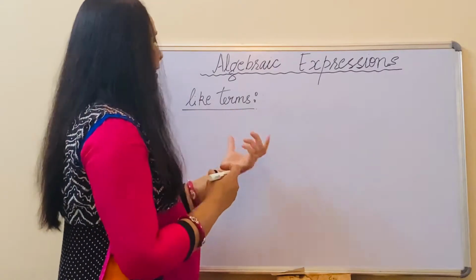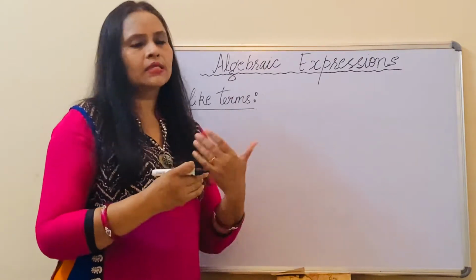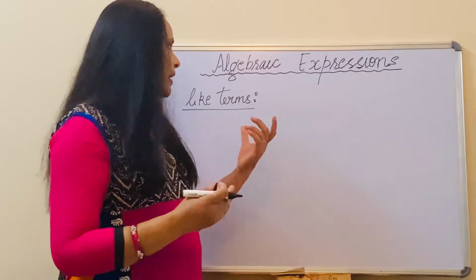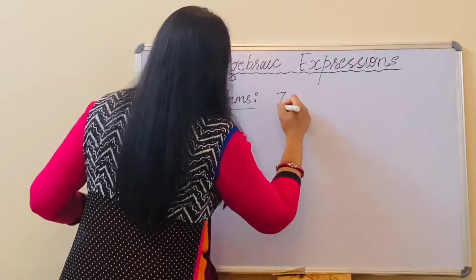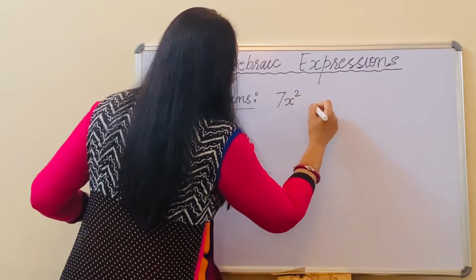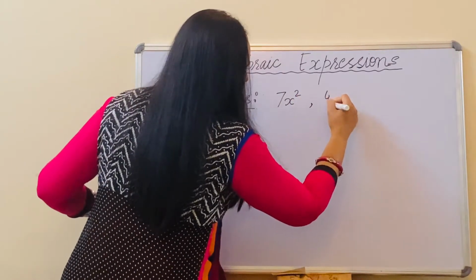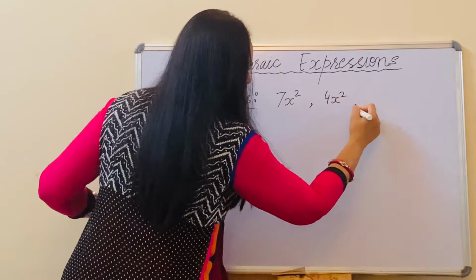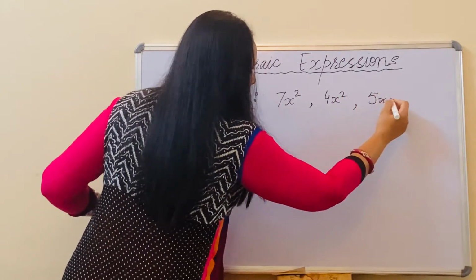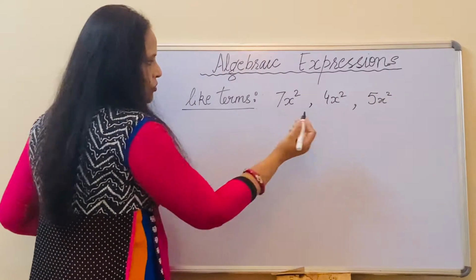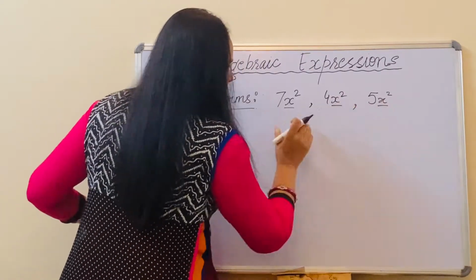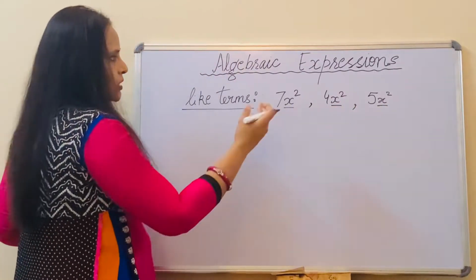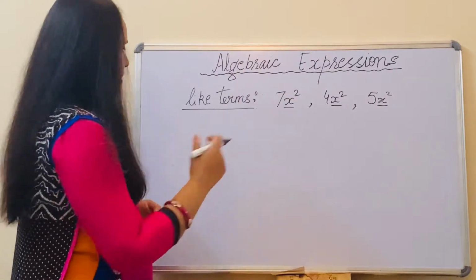So terms in which the variable part is the same are known as like terms. For example, I am having 7x squared, 4x squared, 5x squared and so on. You see that the variable part is similar in all these terms. So these are the like terms.